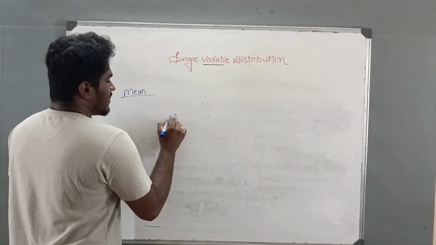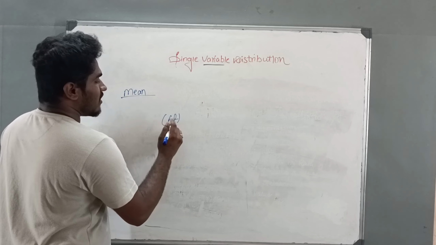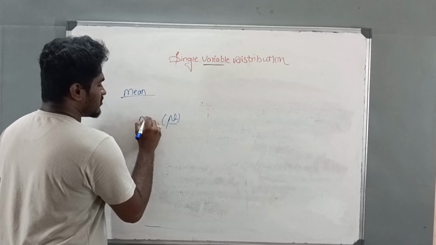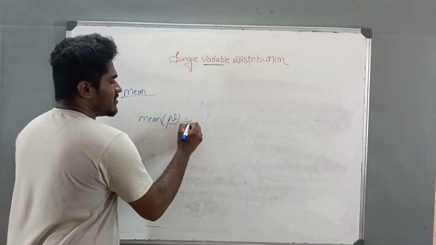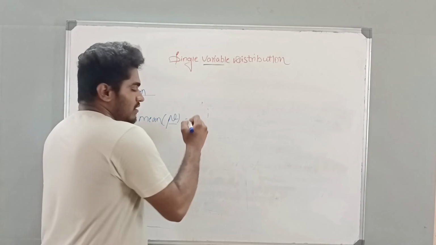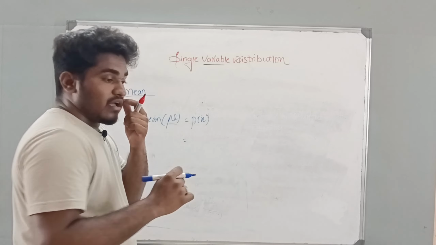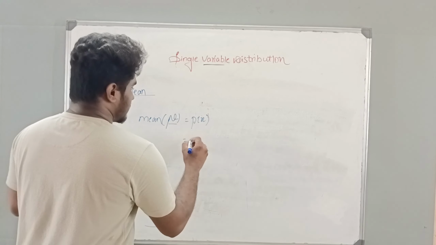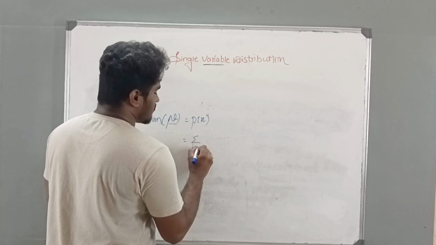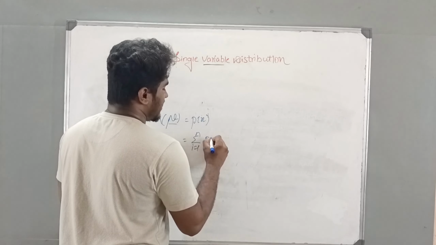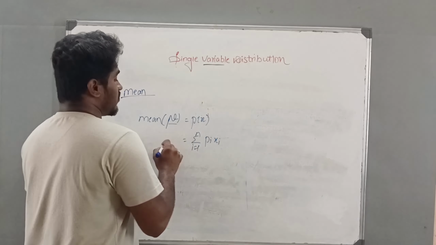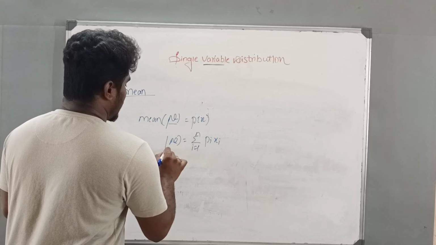Mean is denoted by the symbol mu. Mean mu is going to be E of x, which is summation of i equals 1 to n, p i into x i. So this is how we compute the mean.